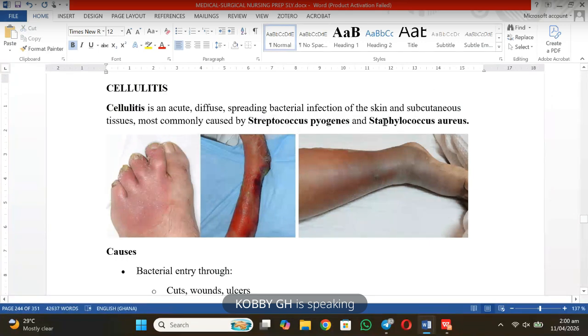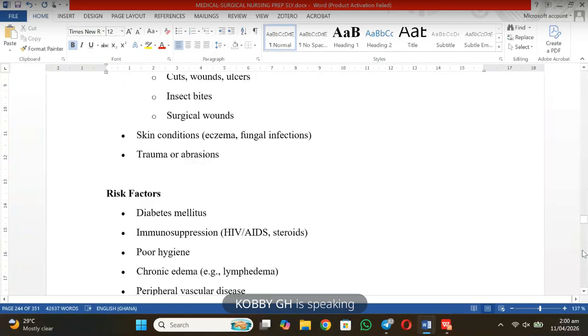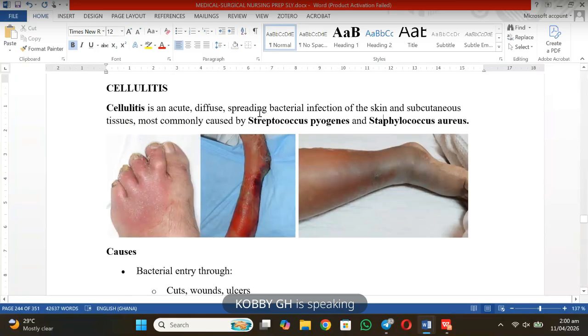Pay attention to the causative organisms. These are the two common causative organisms that can cause cellulitis.